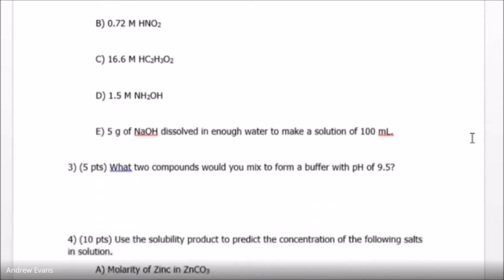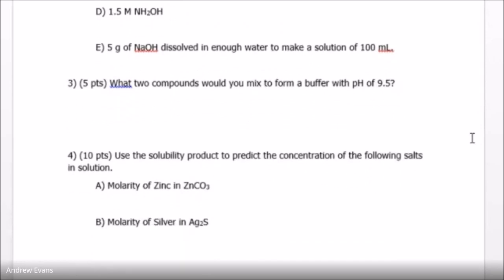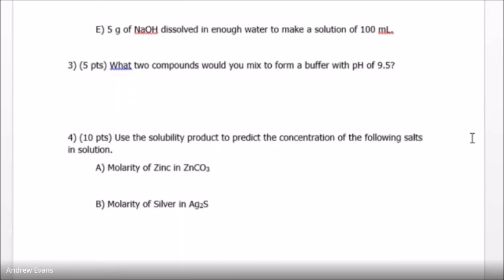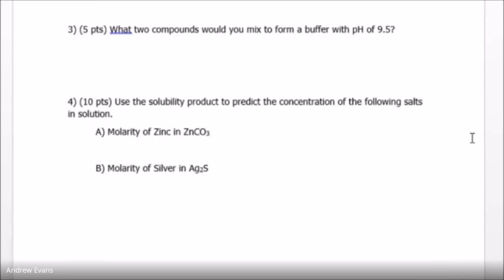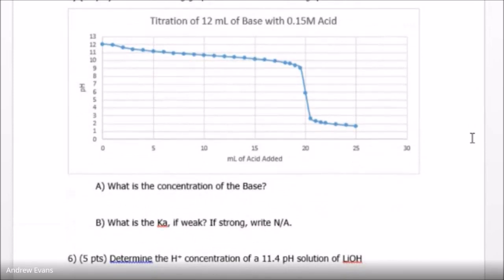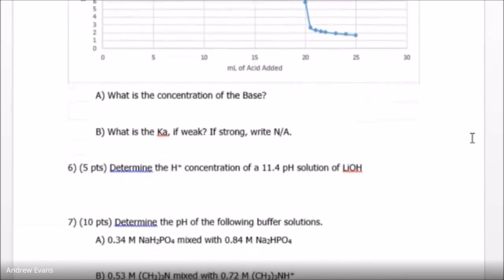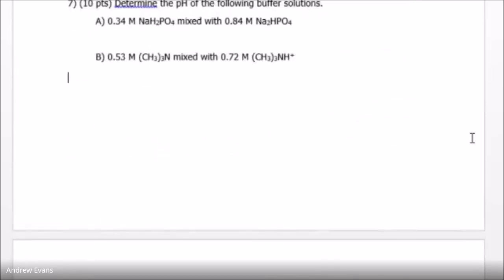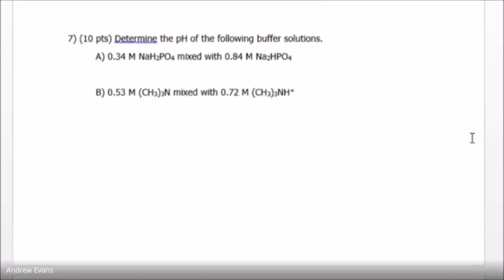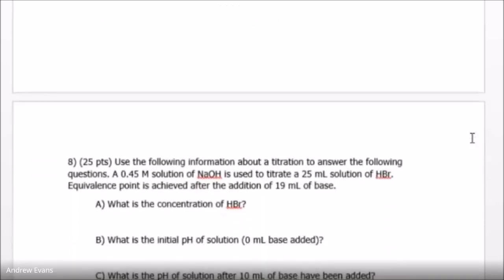What two compounds would you mix to form a buffer of pH 9.5? Use the solubility product to predict the concentration of the following salts. Another titration curve, this time with a weak base and a strong acid. Determine the pH of a solution. Determine the pH of the following buffers.